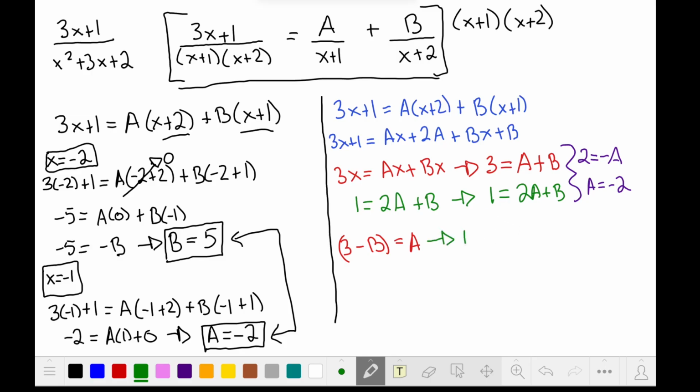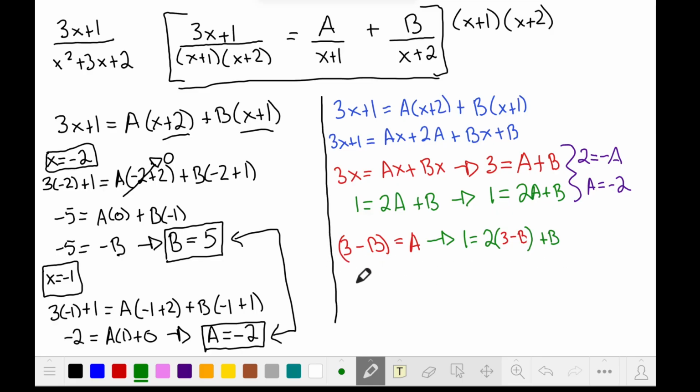So I'm going to have 1 is equal to 2 times, and now wherever I see the a in the green version, I'm going to substitute in the red expression. So the red expression was 3 minus b. So that was 2 times a, but a is now 3 minus b from the red equation. And then add it to b.